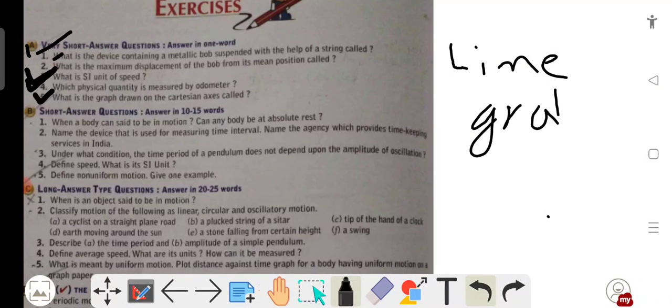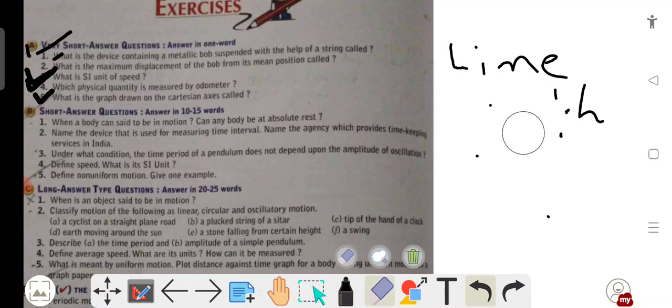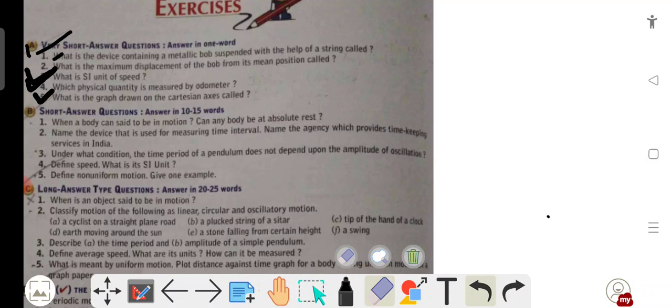The graph drawn on the Cartesian axis is called the line graph. Now question number B, short answer questions. Answer in 10 to 15 words.